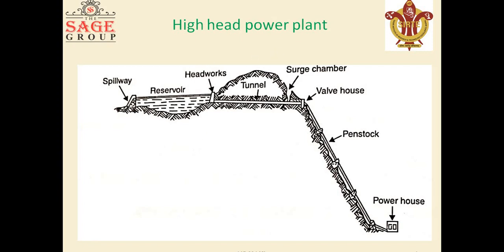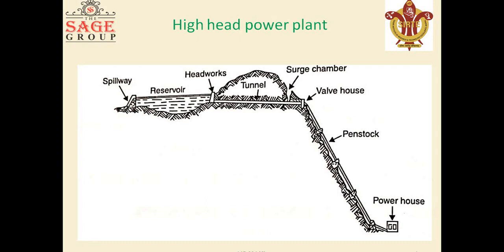In the case of the high head power plant, the head is above 100 meters. It may be noted that some of the data varies and overlaps with each other. Therefore, it is very difficult to classify the plants directly on the basis of head alone.